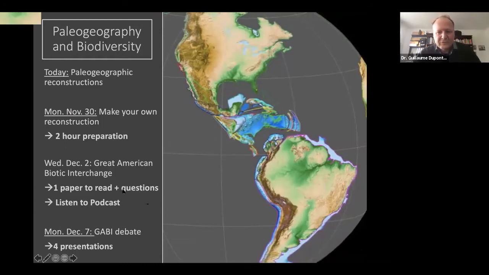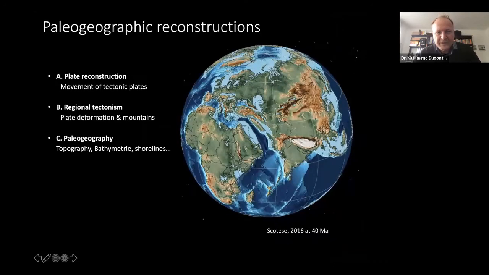All right, if you have no questions, I continue and start how to make paleo reconstructions. So this is a nice example here, from Chris Scotese. He has been working on this for all of his career, making these beautiful maps of the past. This is what I call paleogeographic reconstructions. And this class will go through 3 different stages. First, we will look at the movement of tectonic plates, so how to position all these different little plates.